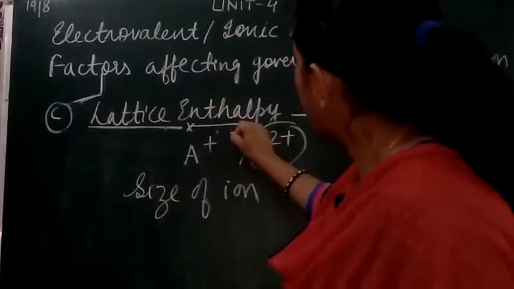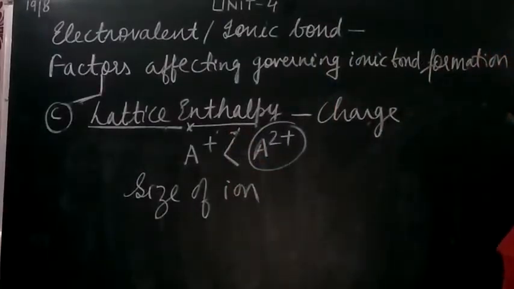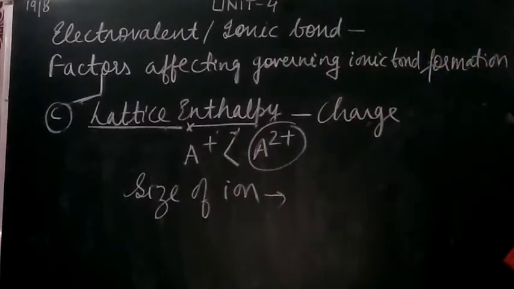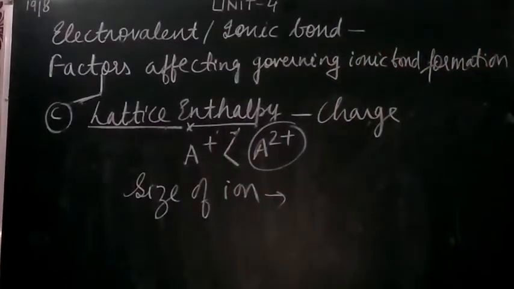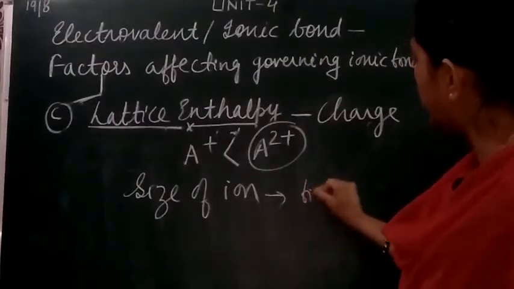Now here, the bigger the size of the ion, what will happen? The internuclear distance will be more, and hence the force of attraction is going to be less.